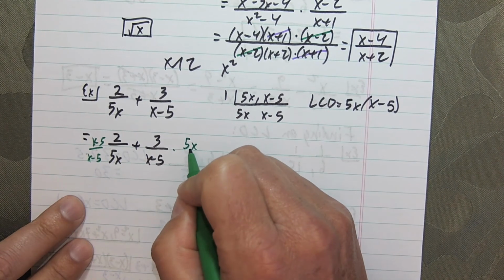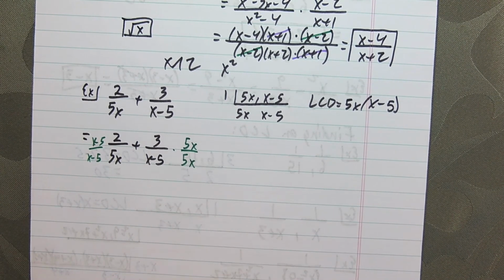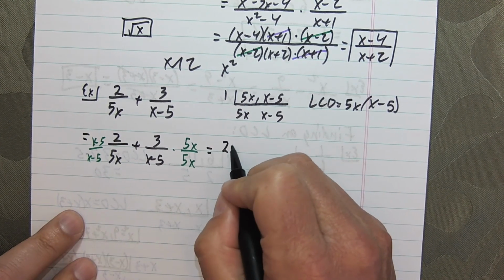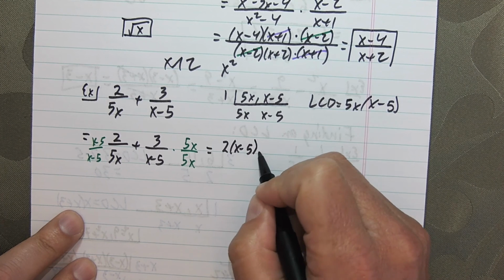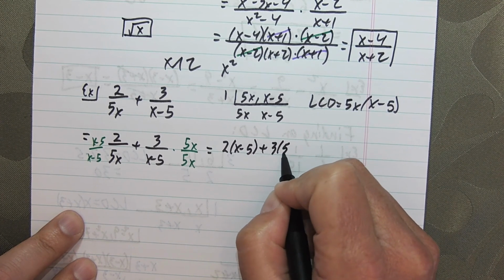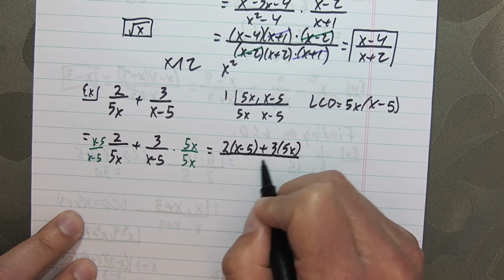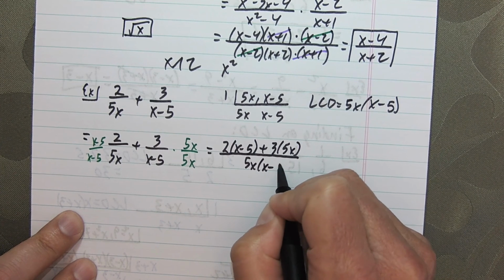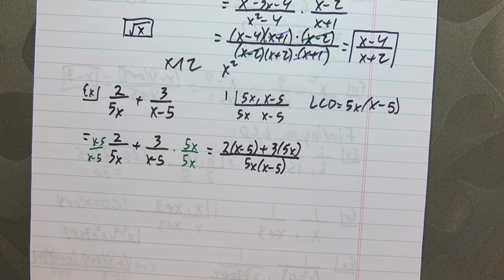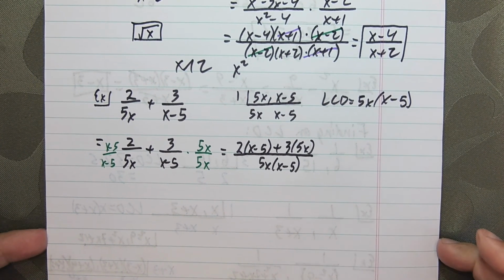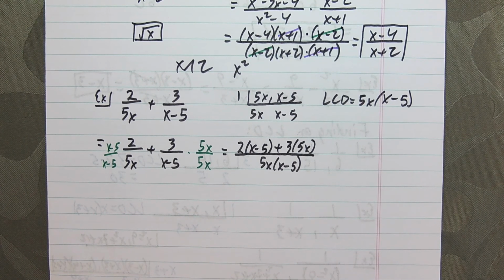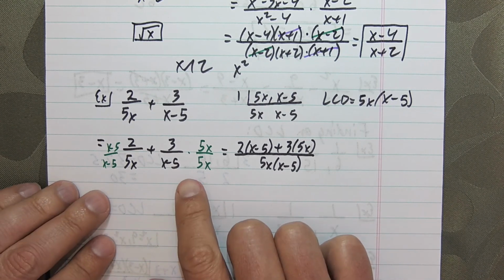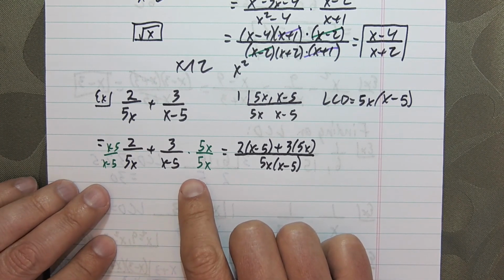And what's missing here is the 5x. You multiply the x minus 5 and then the 5x, right?